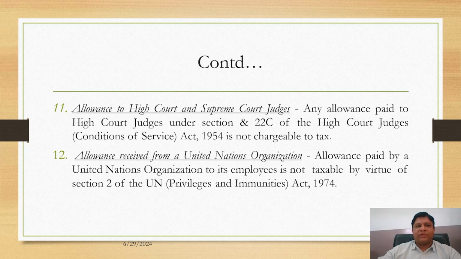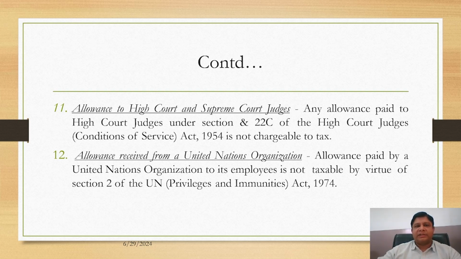Now, moving ahead, we will talk about various allowances like city compensatory allowance, an allowance to meet personal expense which arises due to special circumstances or to compensate extra expenditure by reason of posting at a particular place.